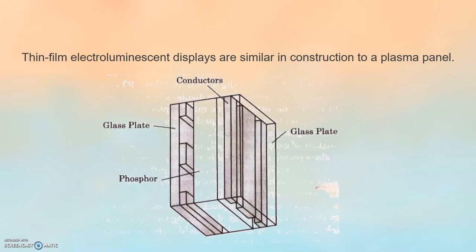Electrical energy is then absorbed by the manganese atoms, which then release the energy as a spot of light. Electroluminescent displays require more power than plasma panels, and good color and grayscale displays are hard to achieve.